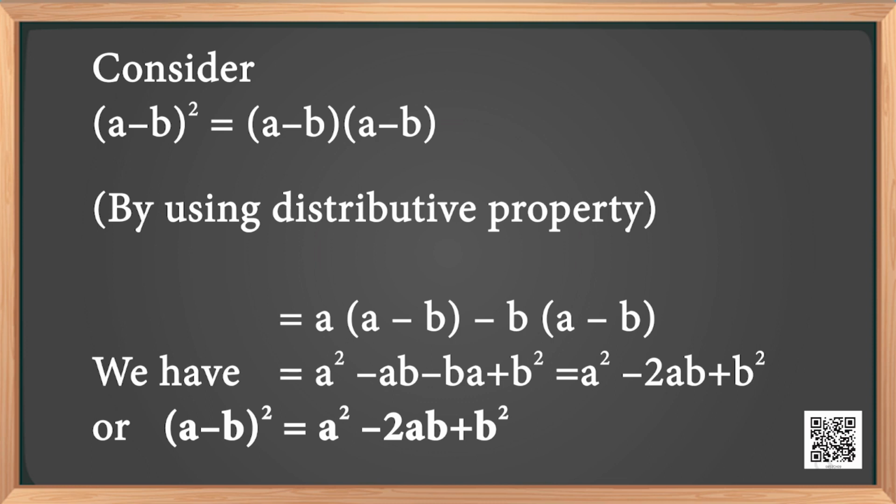We have a square minus ab minus ba plus b square, which is equal to a square minus 2ab plus b square. Why? Because here ab is equal to ba, that is (a minus b) whole square is equal to a square minus 2ab plus b square.